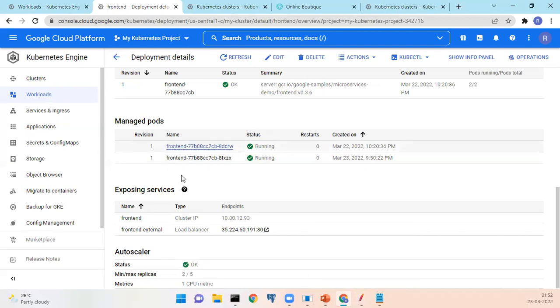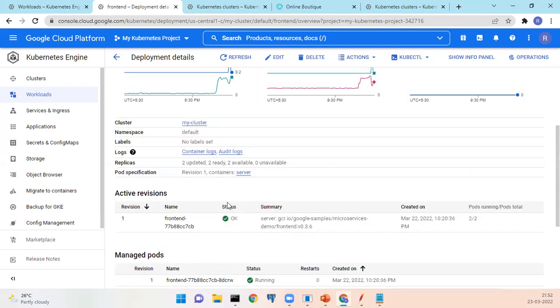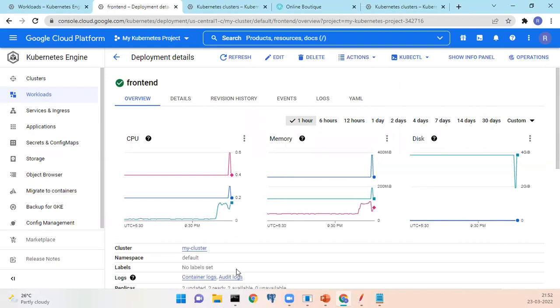Earlier it was only one node, since we have specified that the minimum number of nodes in the system should always be two. So when I deleted one of the nodes, it created the same node in place of node one.